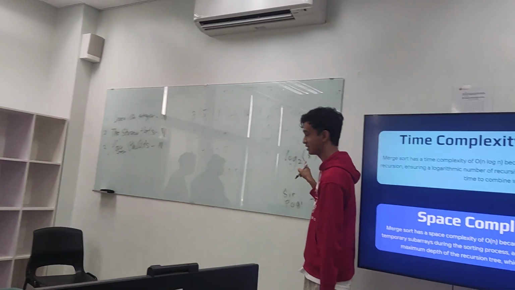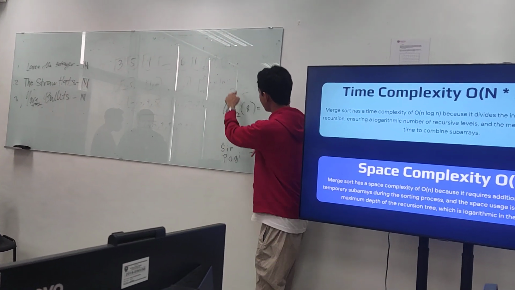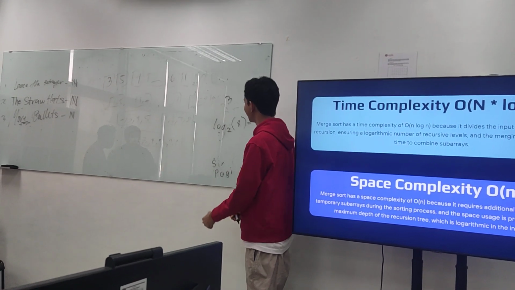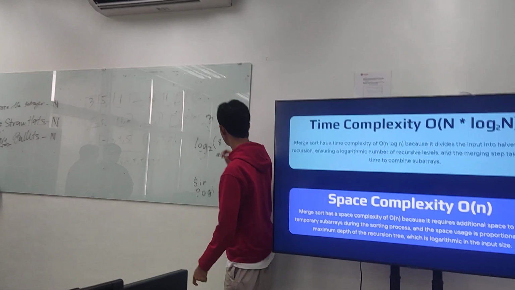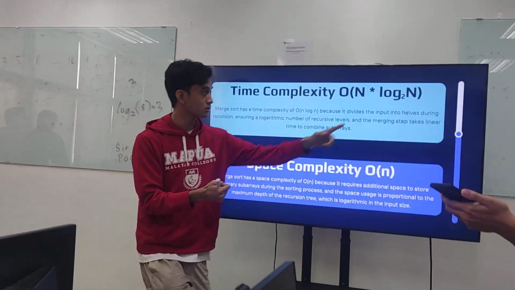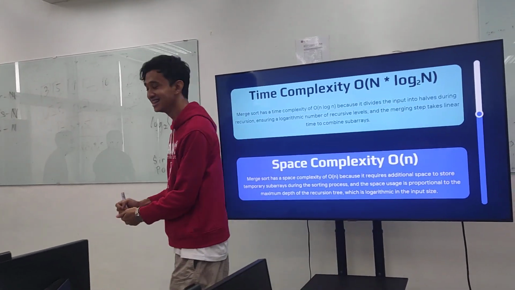Makita mo? Yung 8, it just went here. Yung 2, it just went here. So, ano yung nabilin? 3, di ba? 3 steps. Gets mo?